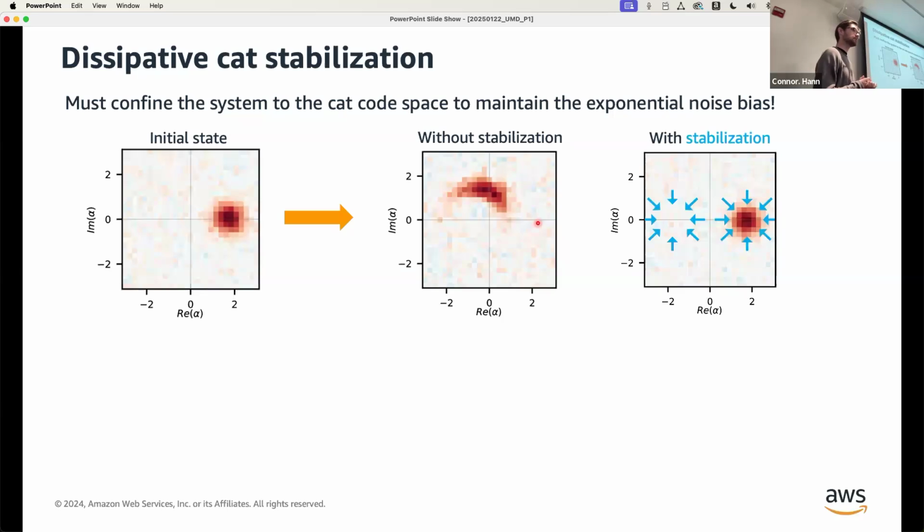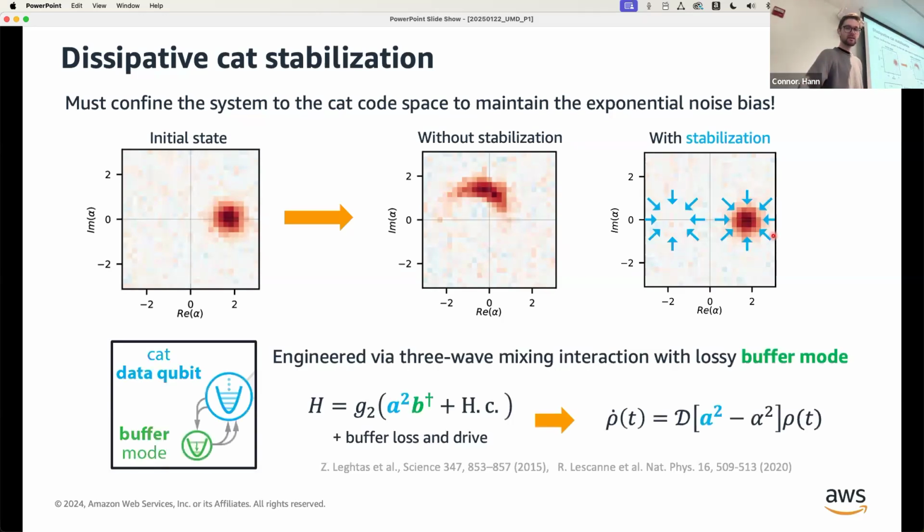You'd suffer all sorts of problems, and this would undermine the kind of exponential suppression of bit flips that we would like to achieve. And so what you need to do to actually realize this exponential suppression is find some mechanism that actually lets you confine the system to this cat code space. So some kind of stabilization that prevents errors from dragging it outside of that code space.